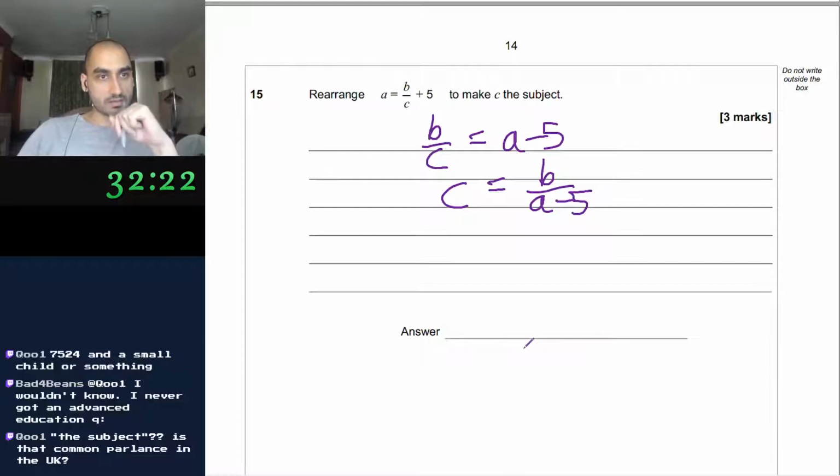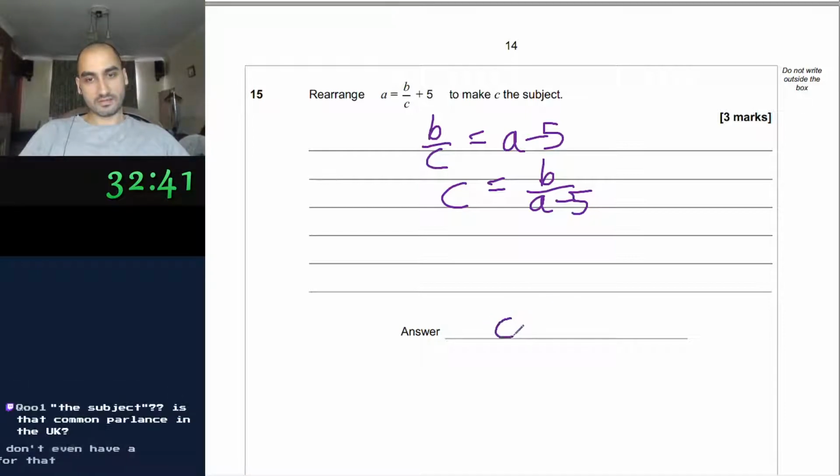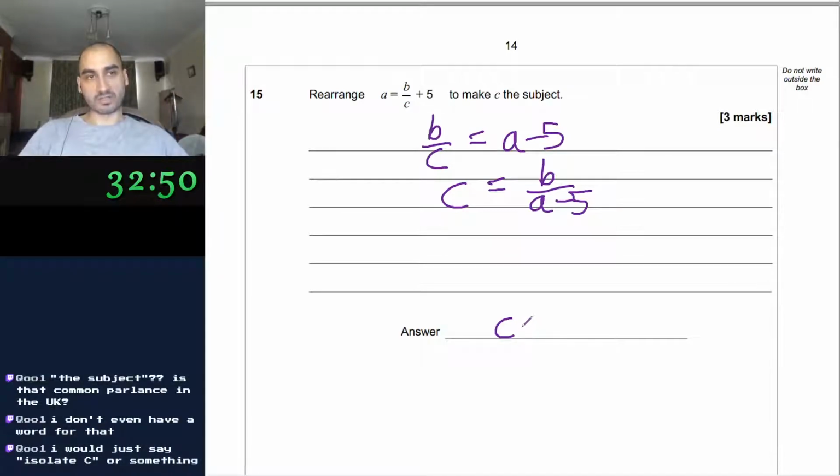The subject. Yeah, that's definitely common parlance in the UK. Why, what would you call it? I can't think what else you would call it. I mean, even at university level, I'm sure that's what I've seen, even under the American system.